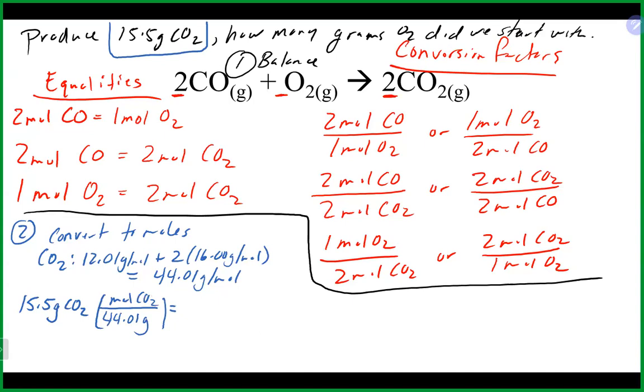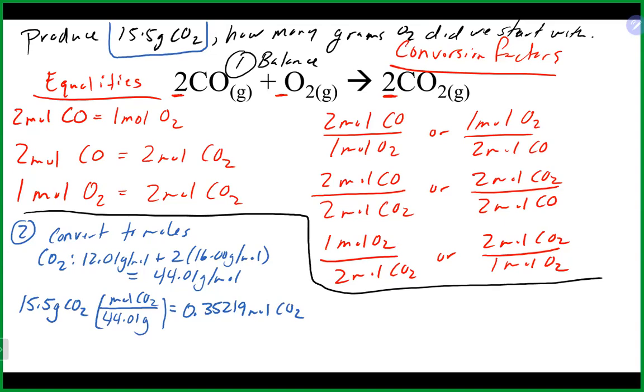If I do that, 15.5 divided by 44.01 is going to give me 0.35219 moles of CO2. Here I am not rounding because I am not done with my calculations. So I don't want to round here. I'm going to take it to a few extra digits and continue on with the calculation.